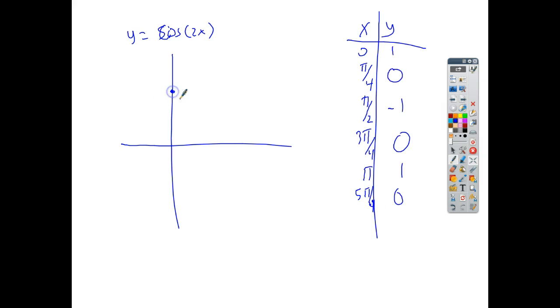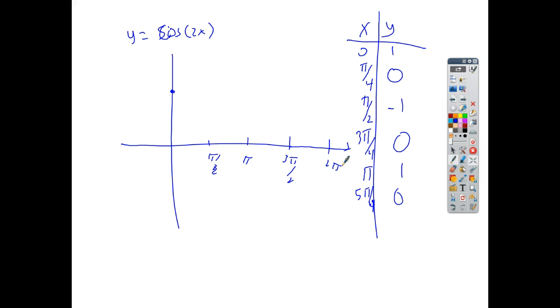Now let's do a normal graph. So pi over 2, pi, 3 pi over 2, and 2 pi. That's our normal graph paper. So at 0, we're at 1. At pi over 4, well, that's not even this far. It's halfway there.